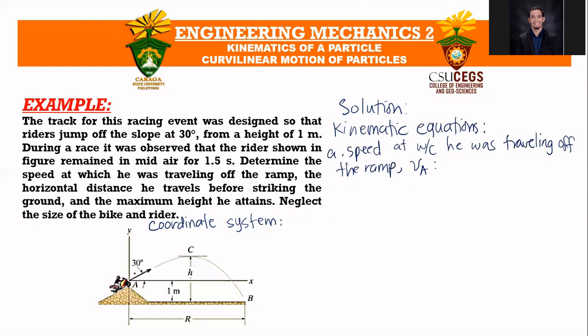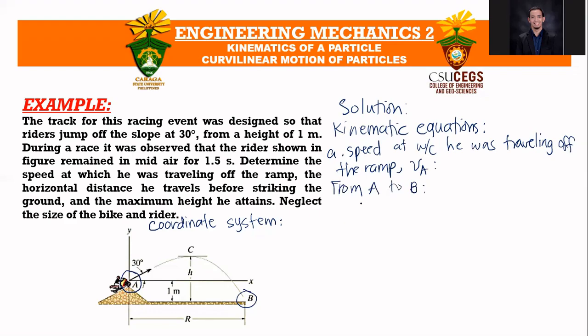So that would be at point A. And also, we consider what would be its final position during this time. So ang iyahang final position is at point B, that is, it strikes at the ground. And that would be from point A to point B.